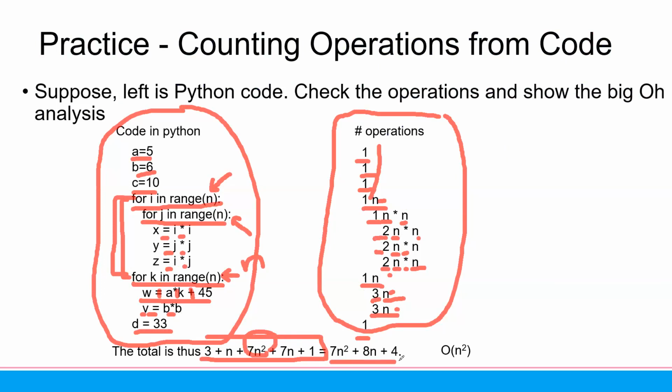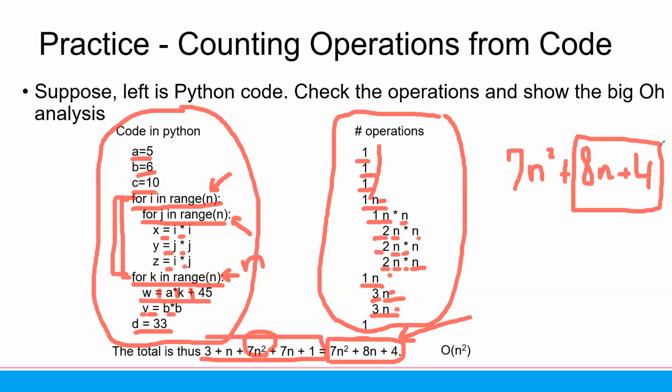So the total will be 7n² plus 8n plus 4. Based on our analysis of the big O, we can remove the lower order terms.